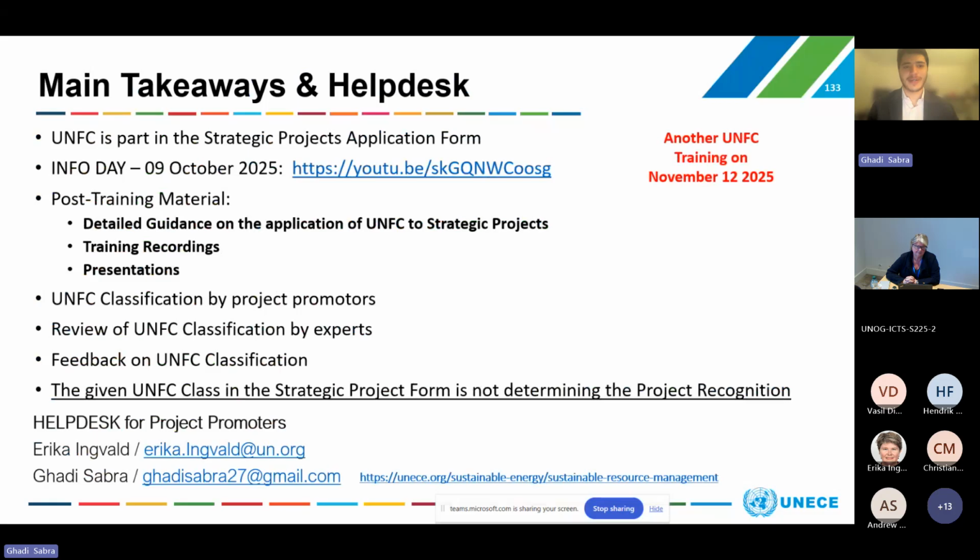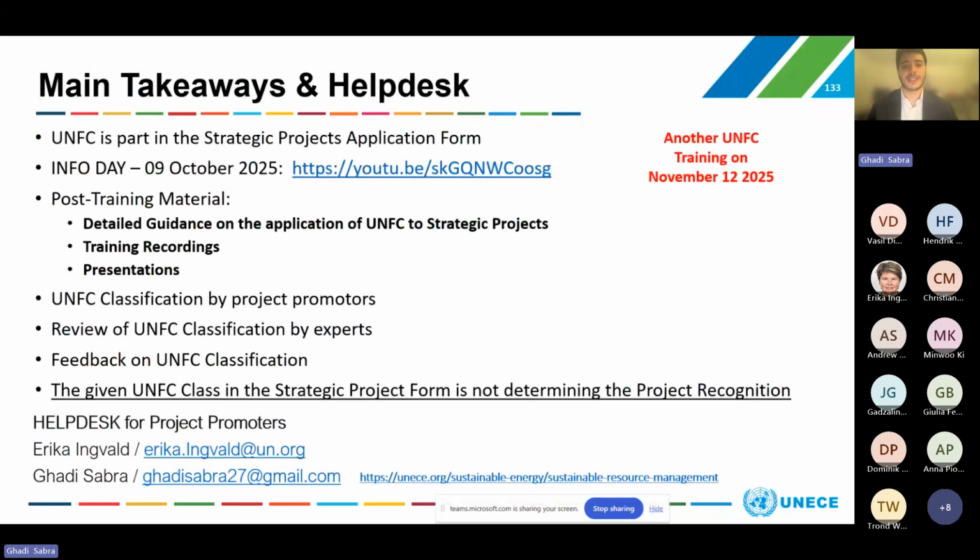Perfect. Thank you, Erica. I would just like to conclude with some main takeaways. UNFC is part of the application form. Again, it's mandatory as part of the recognition criteria. However, it's not a determining factor. The final classification given will not determine whether the project is suitable for recognition or not.